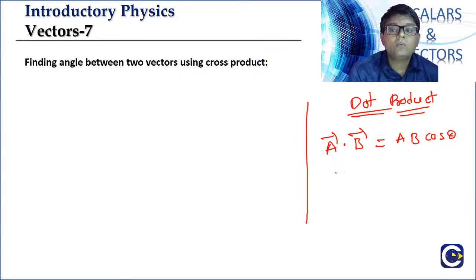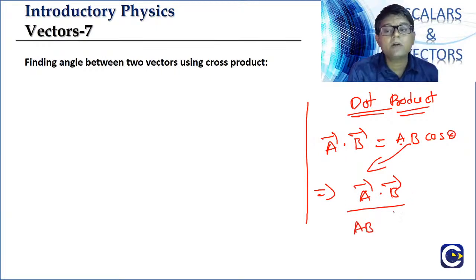Okay. Now from here, if you bring A into B to the left hand side, the numerator is A dot B and the denominator is A into B. What is the value? Cos theta.